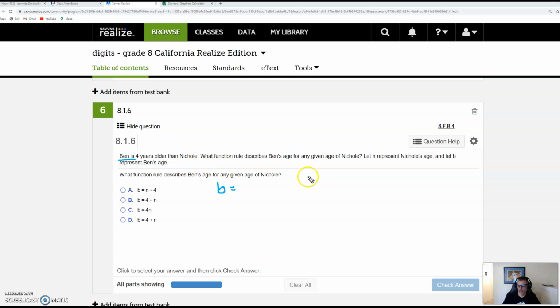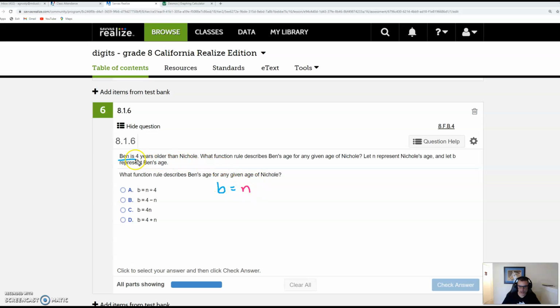So we need to take Nicole's age, whatever Nicole is, and we need 4 more than this, to make sure this balances. An equation is a scale. It's supposed to balance. Well, this n right here, Nicole, we need to add some amount to it in order for it to equal Ben's age.